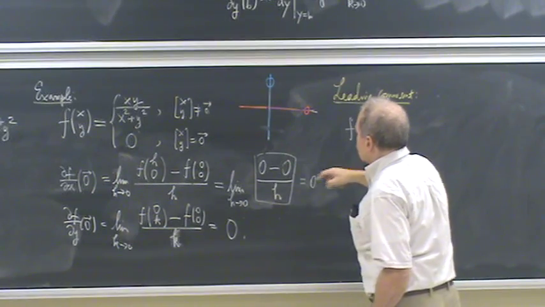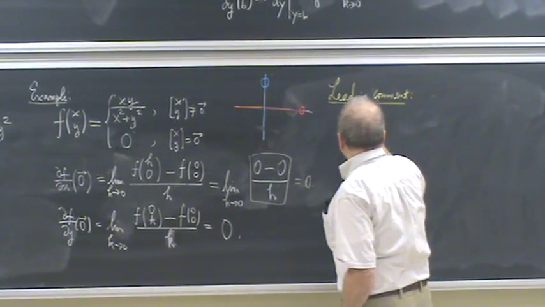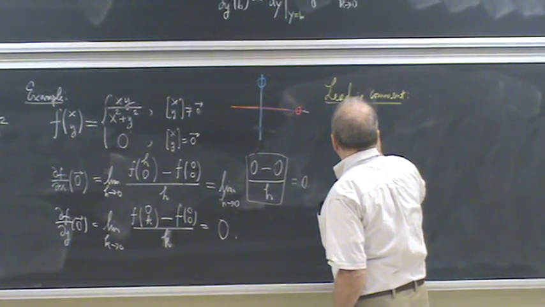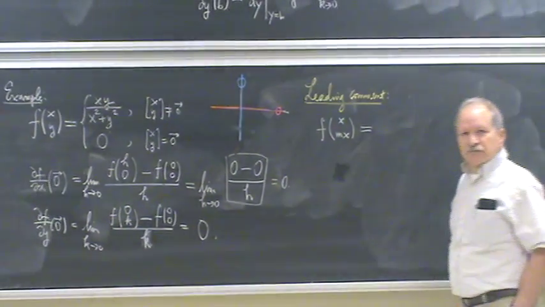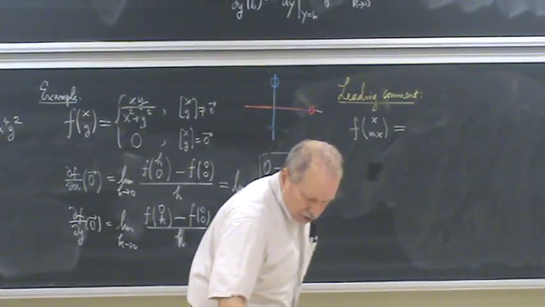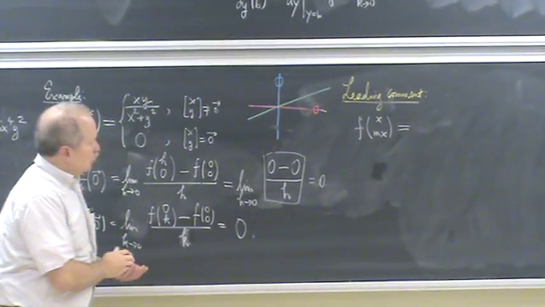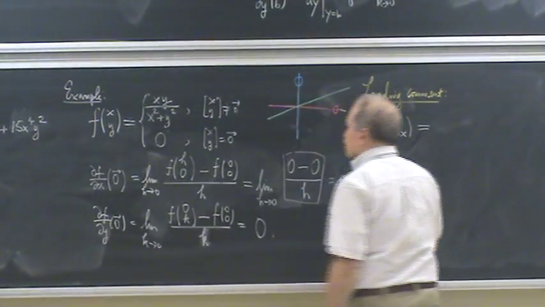If you look on the line, so we've said on the axes, it's 0. What about on the line y equals mx? So if I take a line of slope m here, what do I get when I plug in x, mx?